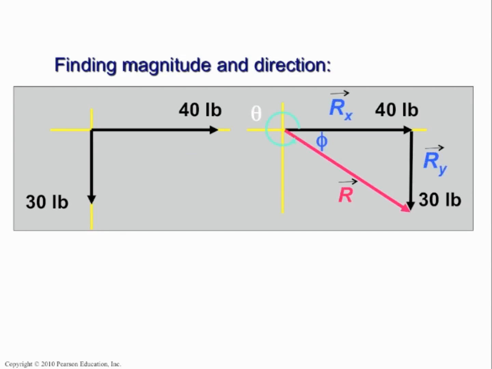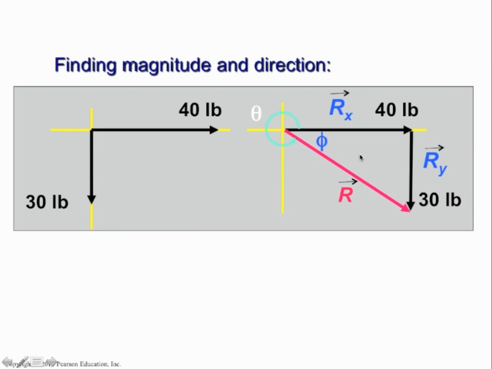We have our resultant vector r. That's going to be the resultant force. We have vector rx, which means the x or horizontal component of the resultant. And we have our vector ry, which is the y or vertical component of the resultant. We've labeled the magnitudes that we know, and we are labeling the angles. So angle theta is this big angle that goes counterclockwise from the first quadrant.